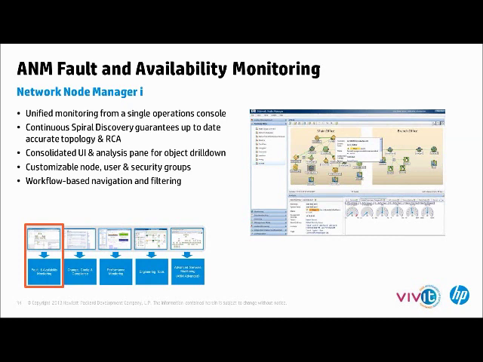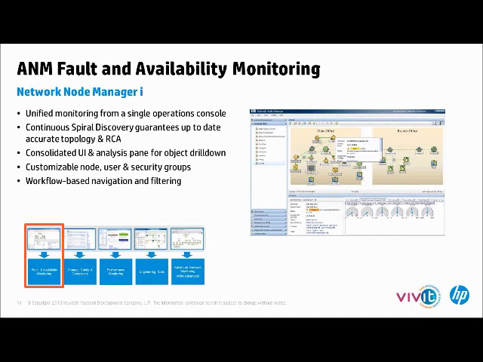So a single unified console. You don't have a separate console for performance. You're not doing configuration management on a second console. Everything is unified in real time on a single console. I like to call it one-stop shopping for network managers.